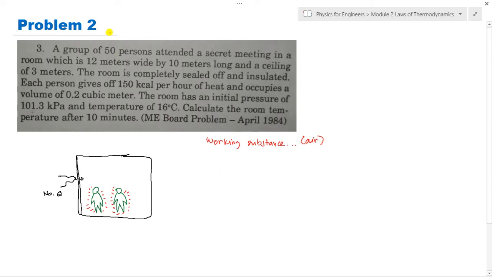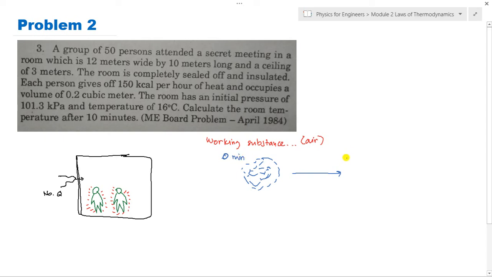So by looking at the air, if this is our air inside the room, what are its properties? Since it changes, this is at 0 minutes.